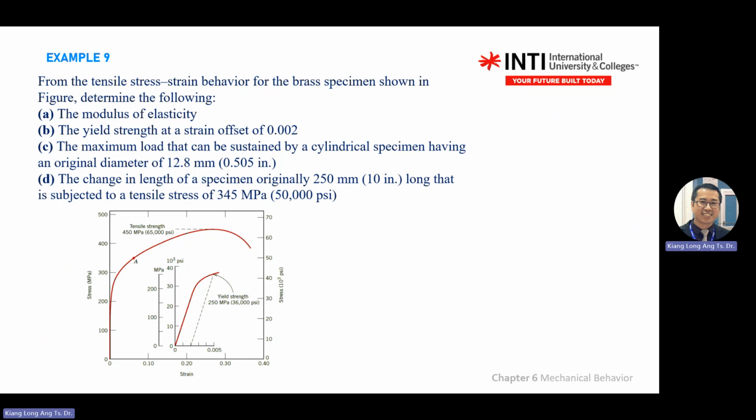I extend to the left here, I move down, it's about 0.2. Maybe I don't have a straight line, so roughly 0.2. Then you move down, it will be about 0.02.